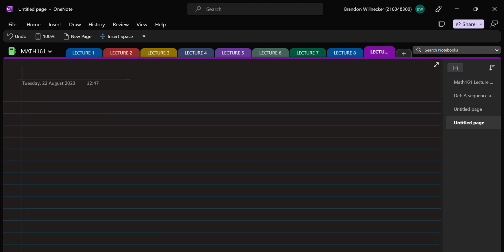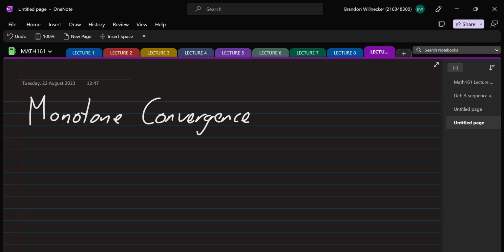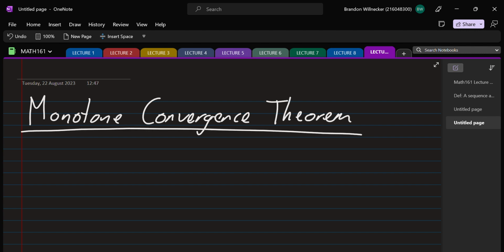Okay, so that's all the background that we need to know for this theorem, and that is the monotone convergence theorem. Like I said at the beginning, the monotone convergence theorem allows us to show that a sequence converges without evaluating the limit.